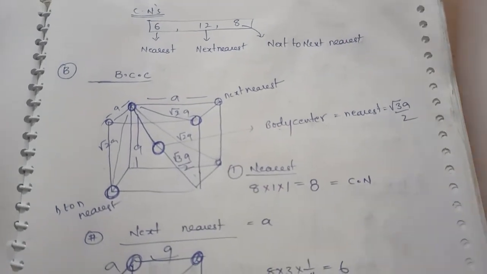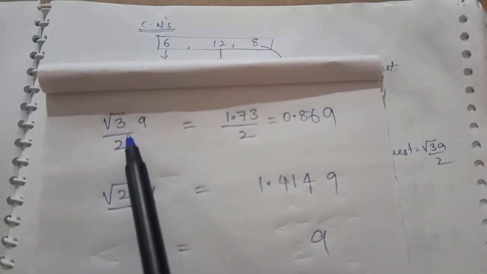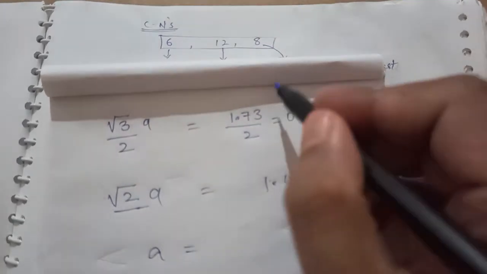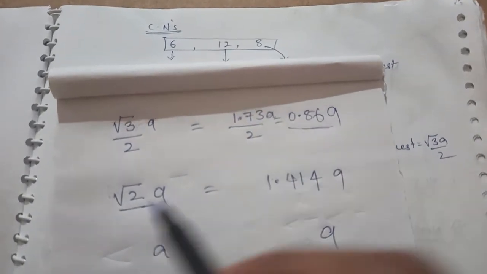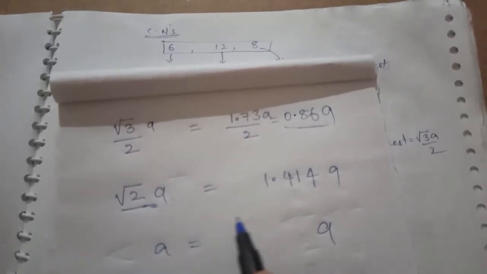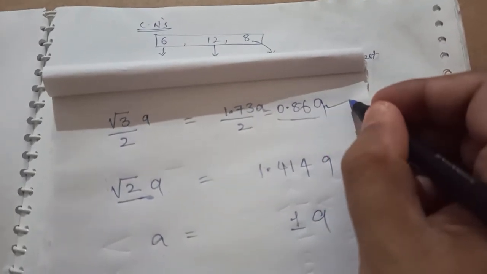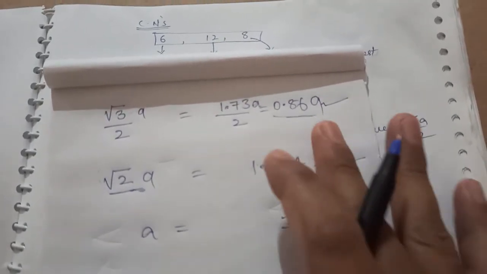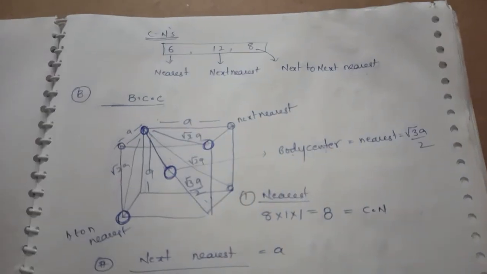See here the calculations. This is the body centered one, root 3A by 2. The root 3 value we know is 1.73, so 1.73 by 2 is 0.86 A. Another one is root 2A, and another one is A. So this is the very nearest, the second one is the next nearest, and this is the next to next nearest. As per this, the coordination number is going to be decided for the BCC.